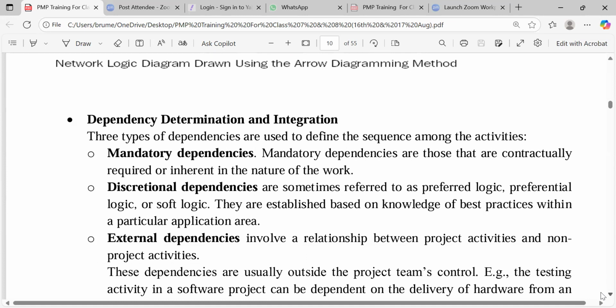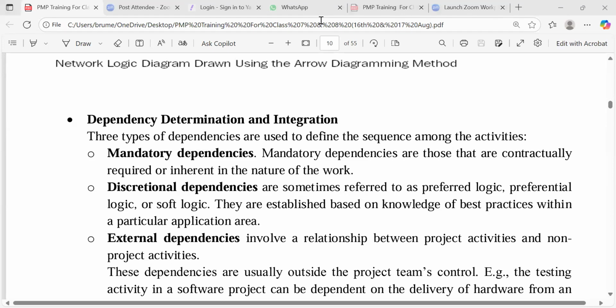Mandatory dependencies are those that are contractually required or inherent in the nature of the work. What does it mean? So that means in order for one activity to take place, another one has to be completed.